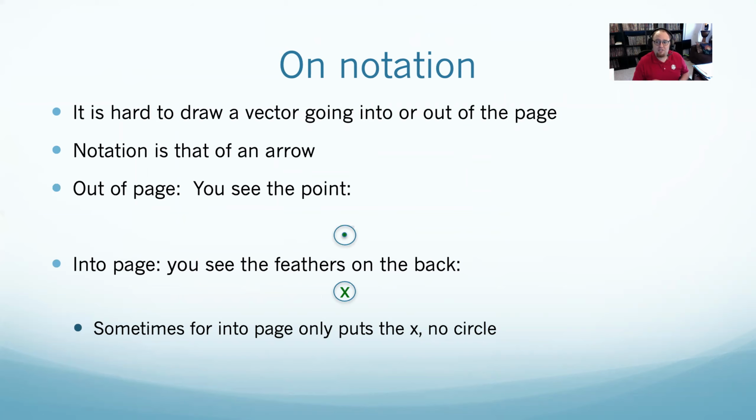A circle with a dot is you're looking at the front of an arrow, and it's pointing at you. Anytime you see that, it means it's coming out of the page. A circle with an X is the feathers on the back of an arrow, like a legit bow and arrow. So if you see an X, that is into the page. Questions before I do an example?